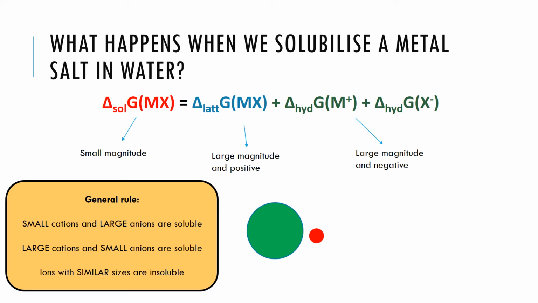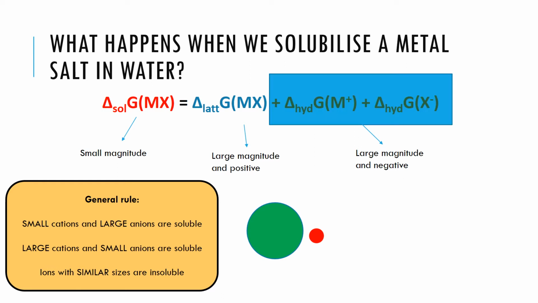So if we have a very large difference in ionic radii, let's say we have a very large anion and a very small cation, why is that salt soluble? Well, in this case, this Gibbs energy of hydration term heavily dominates and is very large and negative.